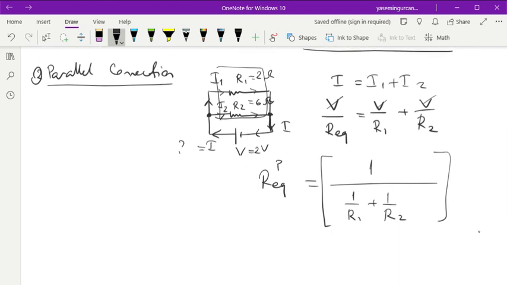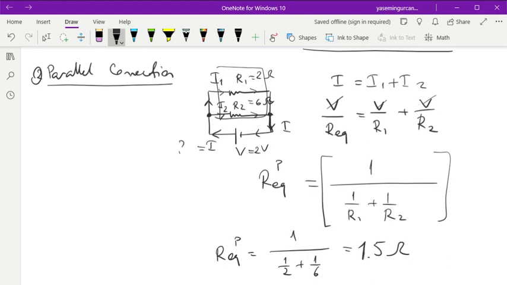So let's find R equivalent. In this case, R equivalent for the circuit is going to be 1 divided by (1 over 2 plus 1 over 6). That is going to be 3 over 6 plus 1 over 6, so 4 over 6, and reciprocated, 6 over 4, so it's going to be 1.5 ohm.